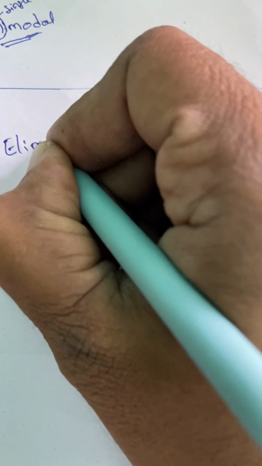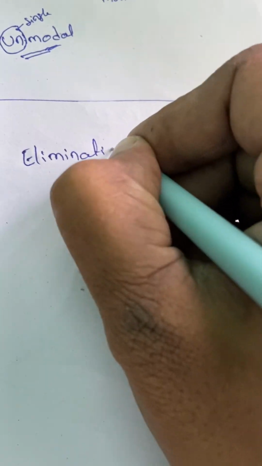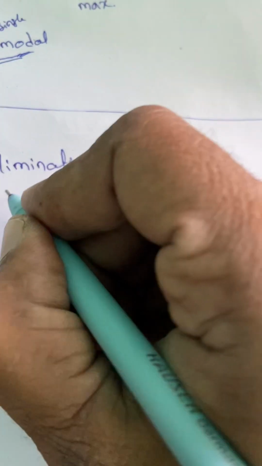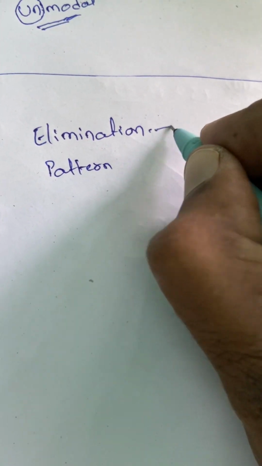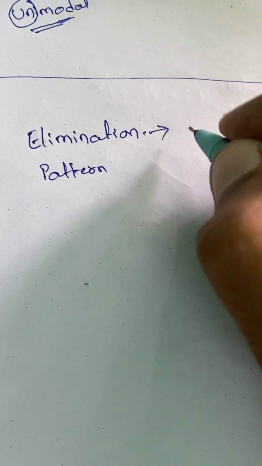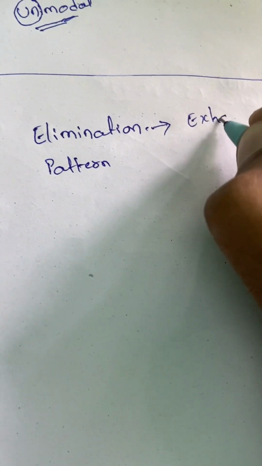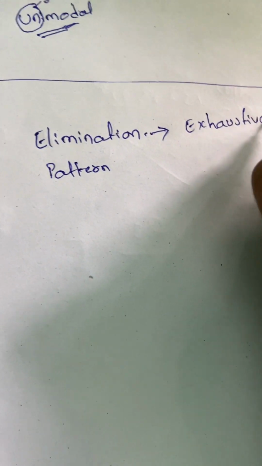One type is elimination methods, another is pattern search methods, and so on. There are n number of methods for solving optimization problems. Let us discuss one method in elimination methods, that is the exhaustive search method.